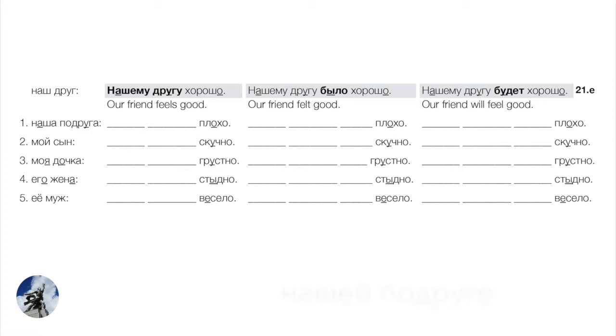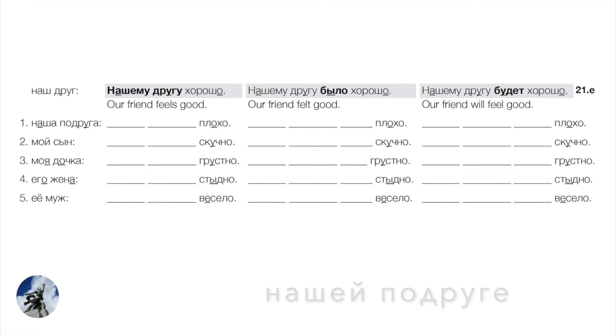That would be нашей подруге. Now that's not going to change, so we could go ahead and fill that in all three examples. But in present tense, it would be нашей подруге плохо. Our girlfriend, our female friend is feeling badly. Let's make that past tense. We need to toss in a было. Нашей подруге было плохо. Future tense, she will feel badly.